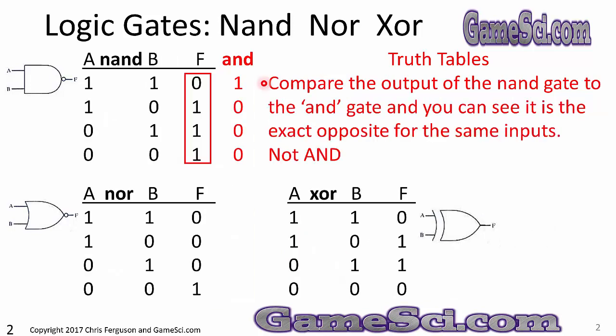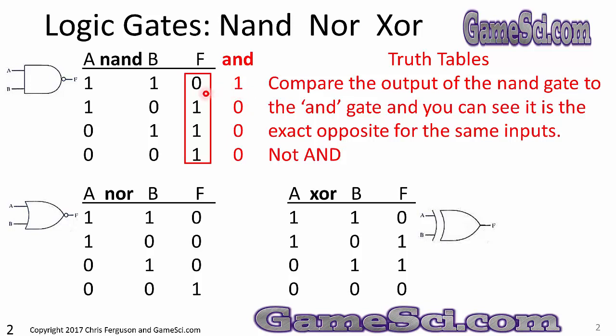Compare the output of the NAND gate to the AND gate, and you can see it's the exact opposite for the same inputs. After all, this is the not AND gate. I created a new column in red here, just temporarily to show you what AND would do with the exact same inputs. With both inputs as true, AND would of course produce a true result.